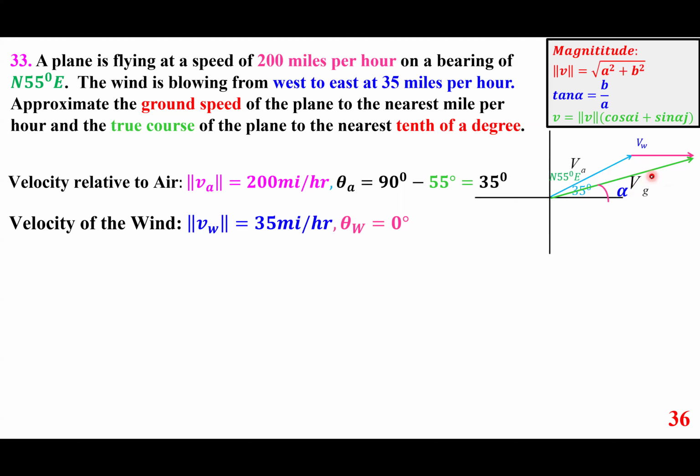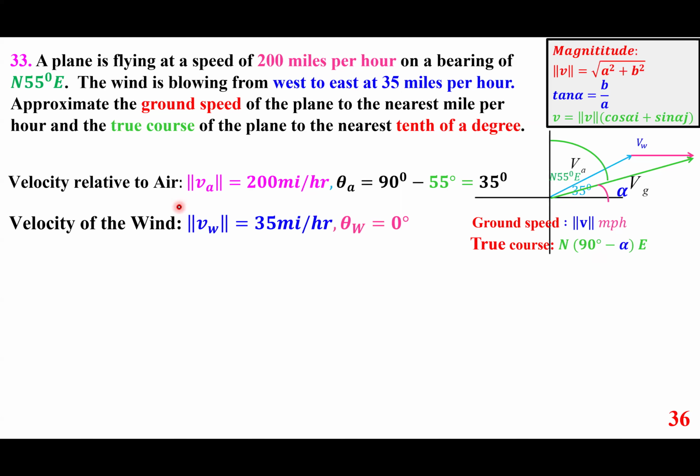So the ground speed is the magnitude of v, in miles per hour. And the true course, everybody, is northeast, but this angle is what? 90 minus alpha. So one more time, the green line, we want to find the true course, is northeast. What is the angle in between? We don't know. But if we can find alpha, we subtract from 90 and we have the answer, and we can find alpha.